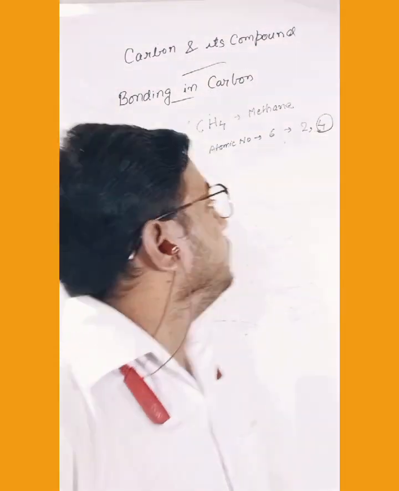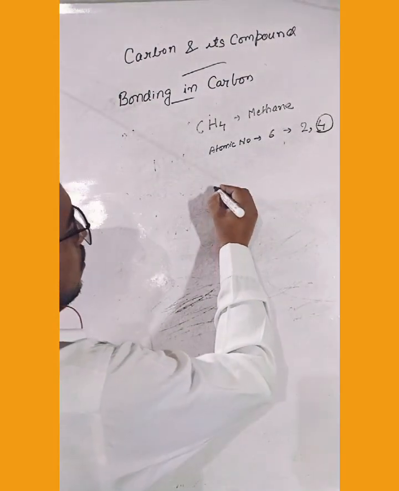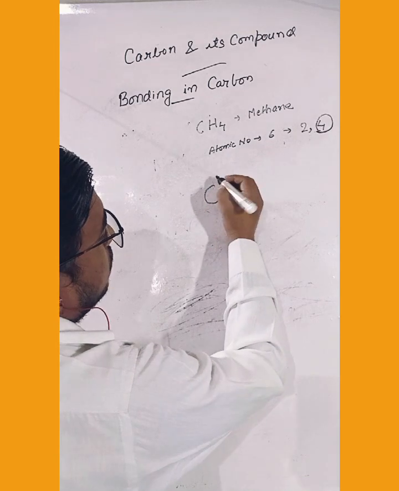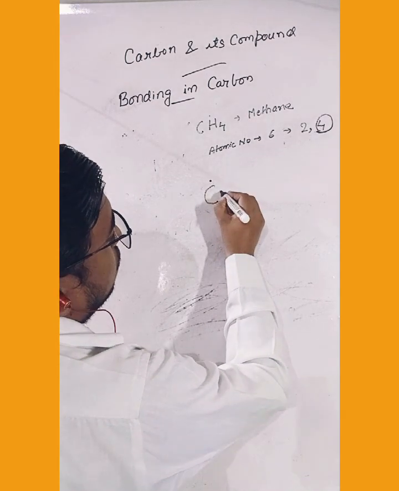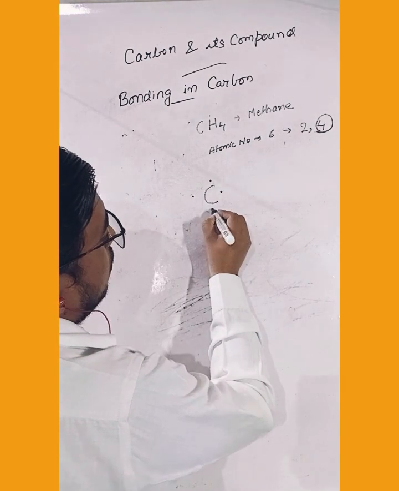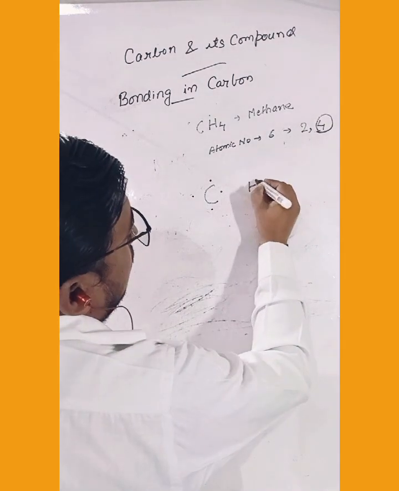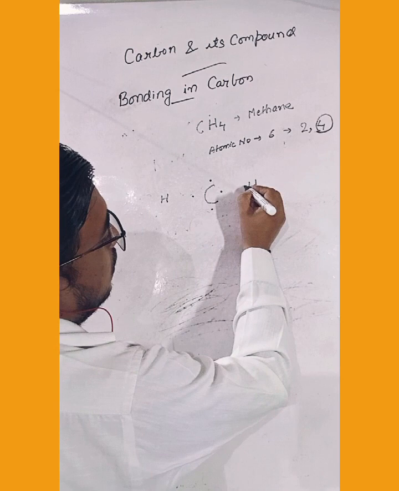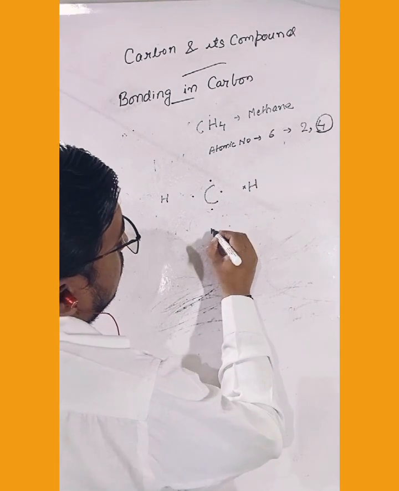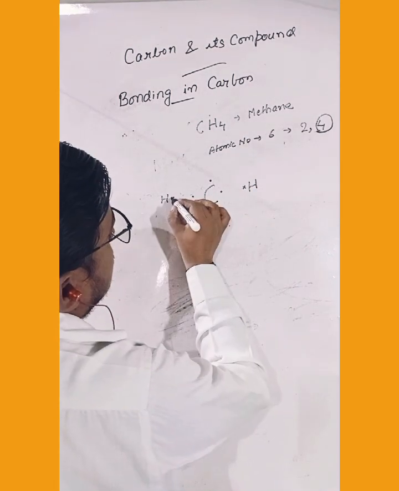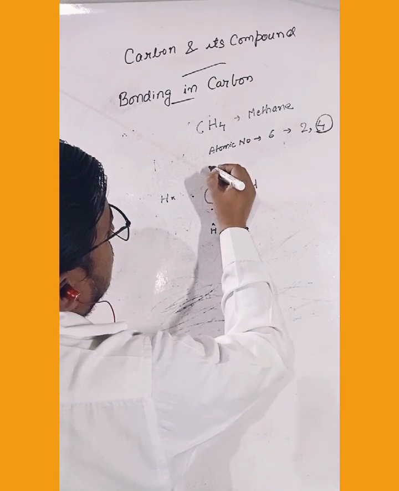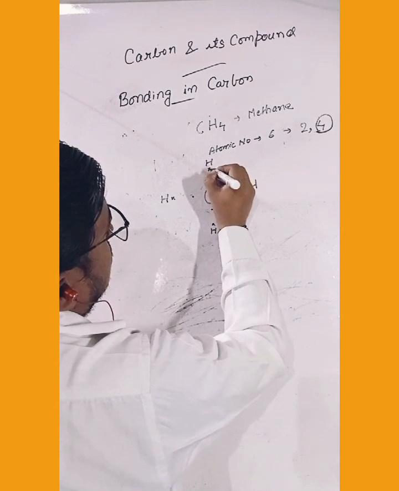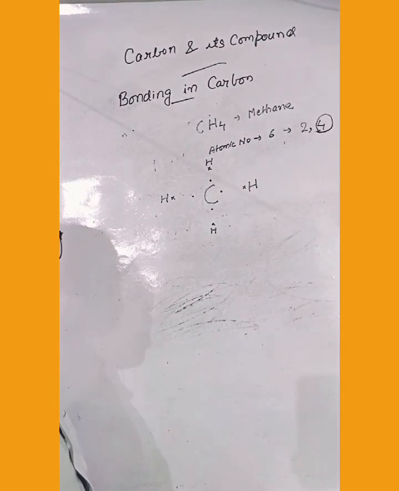So take the example of methane, how it is formed. Carbon has 4 electrons in its valence shell. To differentiate, I am drawing the hydrogen atom having a single electron with a cross.